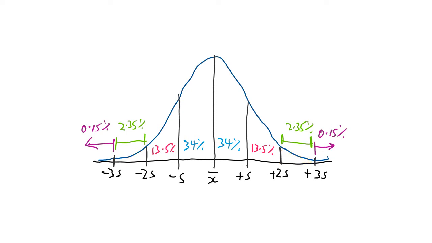And you can also have 13.5% here and 13.5% here, between 1 and 2 standard deviations. And there's the 34% here, and another 34% here, because remember they add up to 68. So this is all the same information, just cut up in different ways.